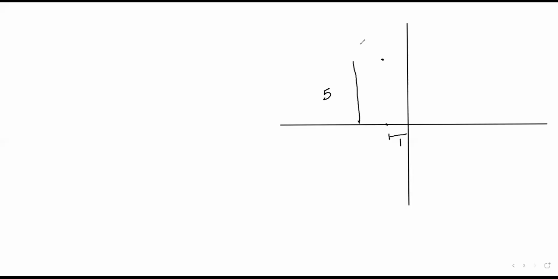So this point will be, can anyone tell? -1, 5. Let's take this point also. This will be 0, 5. And now let's take, this distance is 1. Let's take 4 distance here. 1, 2, 3, 4. So I want to make first point, second point, and third point collinear. See, only when these 3 points are collinear, then only point P can divide them internally. Hope you understand.